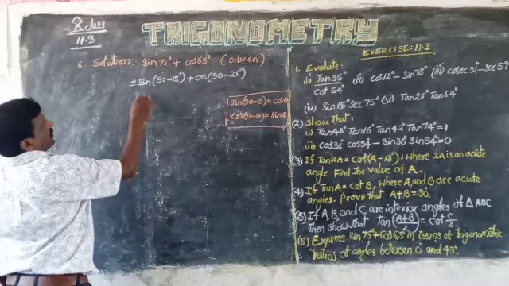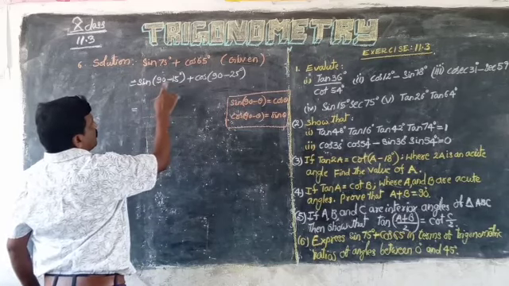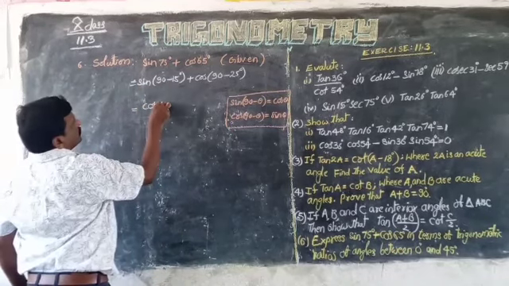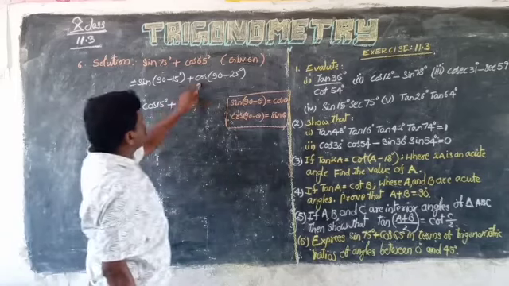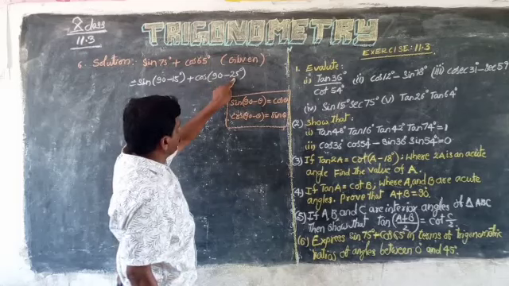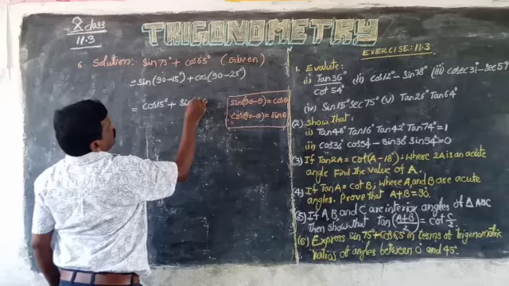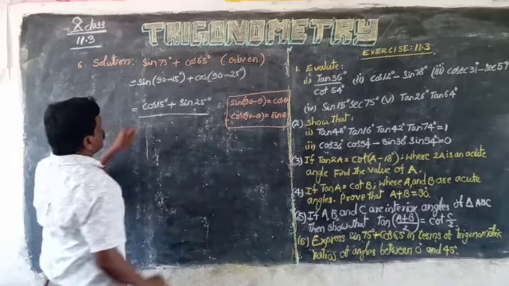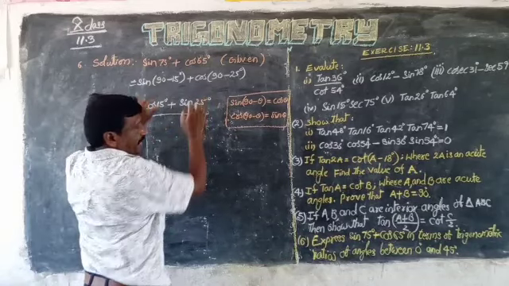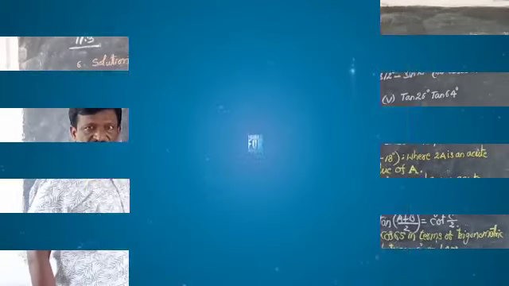So sin(90 minus 15) is cos 15, plus cos(90 minus 25) is sin 25. So the answer is cos 15 plus sin 25, with angles between 0 and 45 degrees. Exercise 11.3 is completed.